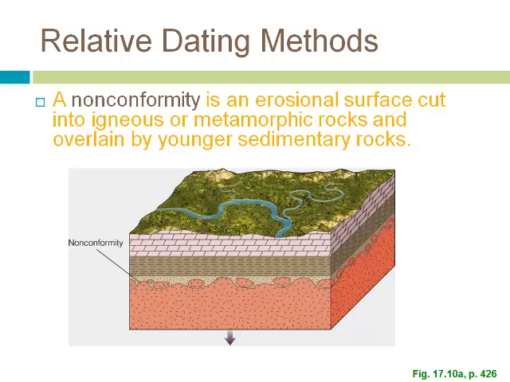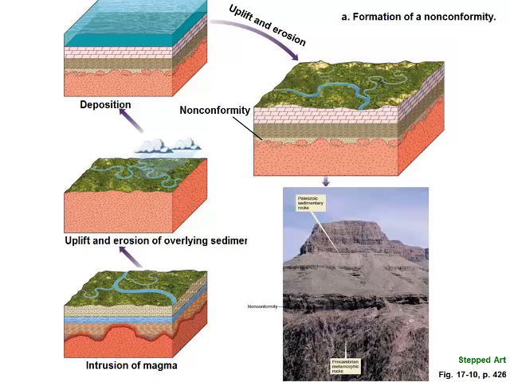And a nonconformity is where you get an erosional surface that basically is either melted or changed due to igneous activity. So we have the nonconformity right here, and it's melted this area. And this is how that happens. You have an intrusion of magma, uplift and erosion.